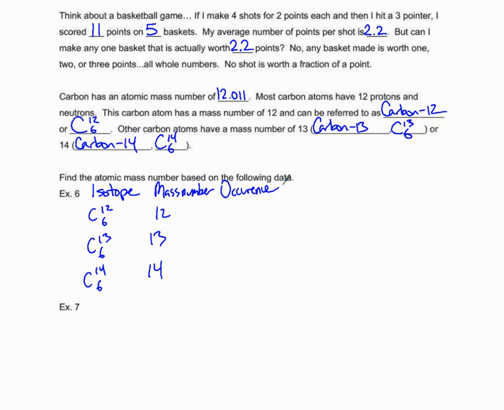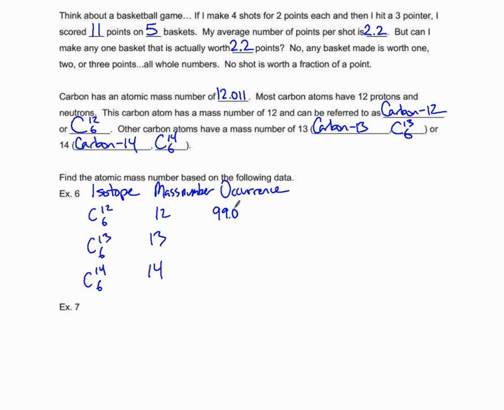And then the occurrence, or how often does it appear? How often do we see each of these isotopes? And this is important for figuring out the actual average.